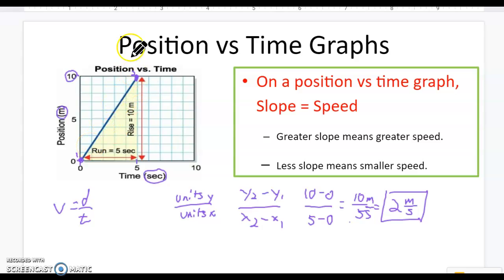The distance it traveled is 10 meters, divided by the time, it went for 5 seconds. And we end up with the same answer as before. Either way works. I'm going to probably show using this, but you can feel free to use the slope any other time that you'd like.